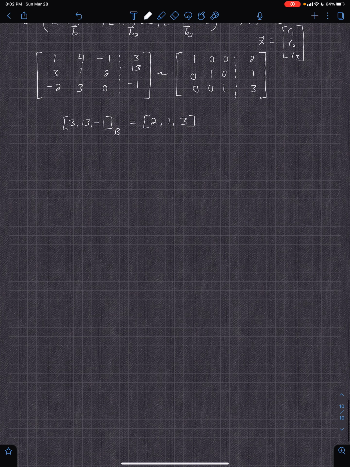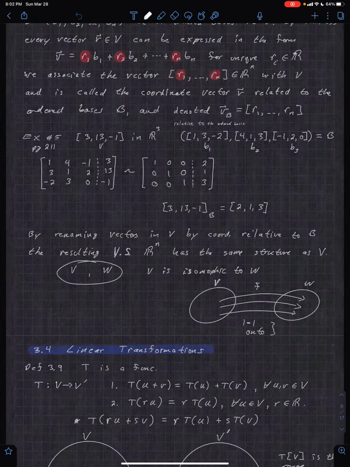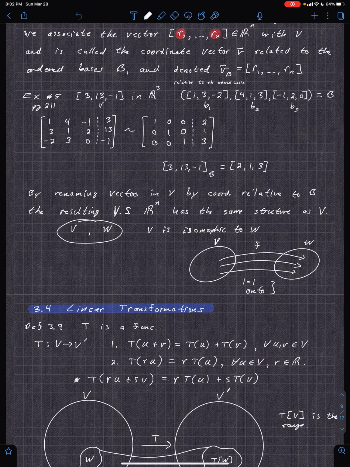I'm going to copy that over. Linear transformations is next. You can see it there. This is what I just said, so I'm not going to write that all out. I'll talk about isomorphism.